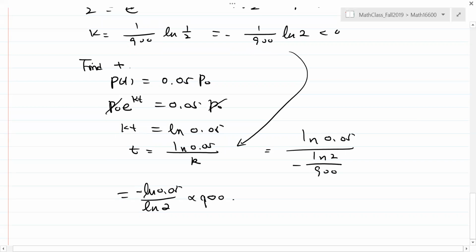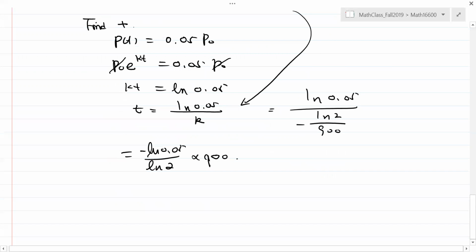Can we simplify a little bit? It's possible because 0.05 is a number we don't like, right? So 0.05 is 5 over 100. If I have a negative sign, then turn this upside down.